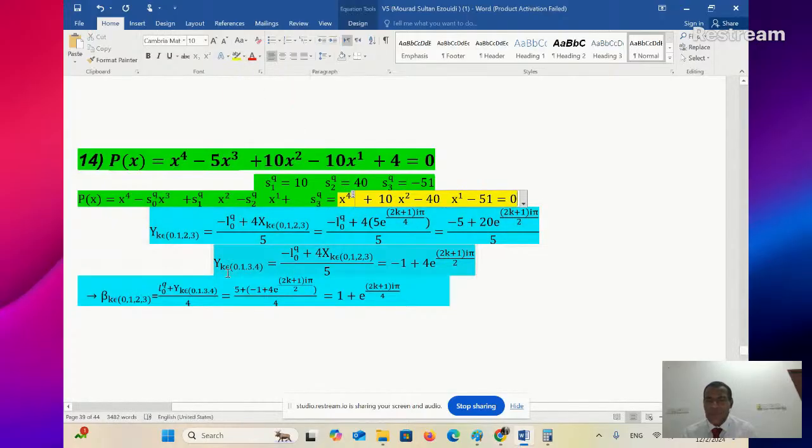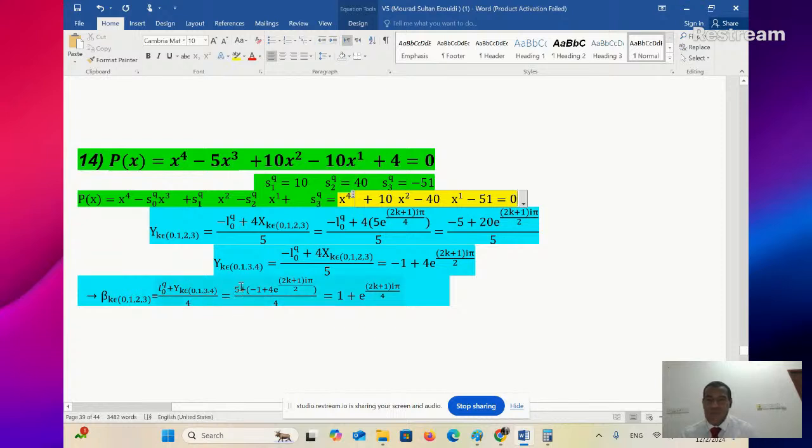Now, in order to solve our original fourth degree polynomial equation, I'm going to write beta subscript k, from 0 to 3, is s0 for the cube plus yk divided by 4, because I'm working with 2 to the power 4.